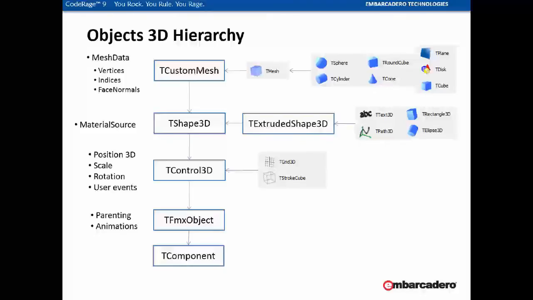There is a TMesh class that lets you load an arbitrary mesh, and specialized classes that have a mesh already predefined, like sphere, cylinder, cone, TRoundCube, TPlane, TCube. As a programmer you don't need to initialize a vertex buffer, so those components have vertex buffers already predefined, so it's easy to work with them in code.